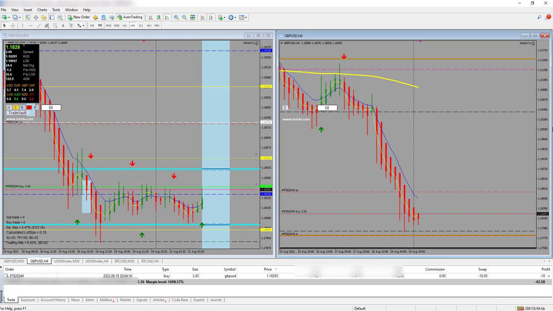So I would be looking for a buy sometime during the New York market if price can get and stay above 1.18250. As you can see, I'm already in this trade and I'm only down 1 pip. So that's my bias for the GBP USD.